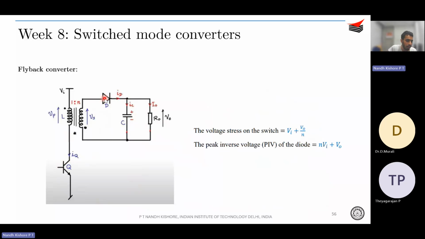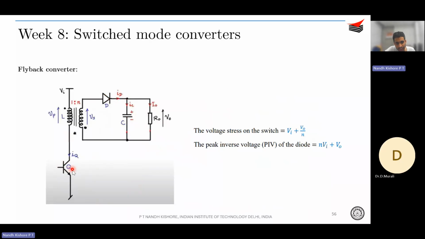But one drawback is the voltage stress on the device Q. It will not be simply VI, it will be VI plus V naught over N. When the device is off, the diode is forward biased, therefore V naught appears over here, gets transferred to the primary side as V naught over N, so the total voltage will be VI plus V naught over N. So the device needs to be rated for a much higher value than VI.